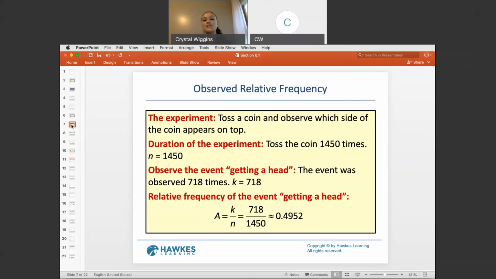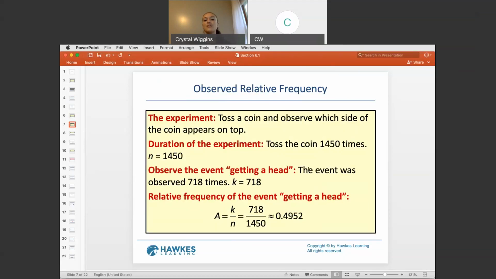Let's take a look at this example. So let's define the experiment as tossing a coin and observing which side of the coin appears on top. The duration of the experiment is tossing the coin 1,450 times, which gives us a sample size of 1,450. Observe the event getting a head.